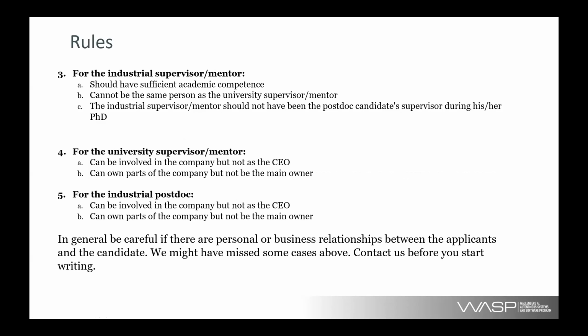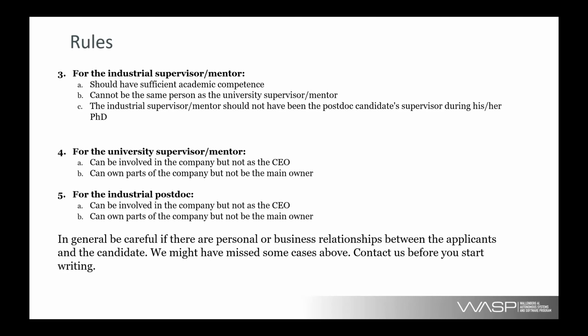The industrial supervisor or mentor should have sufficient academic competence. It cannot be the same person as the university supervisor or mentor. And the industrial supervisor or mentor should not have been the postdoc candidate's supervisor during his or her PhD.